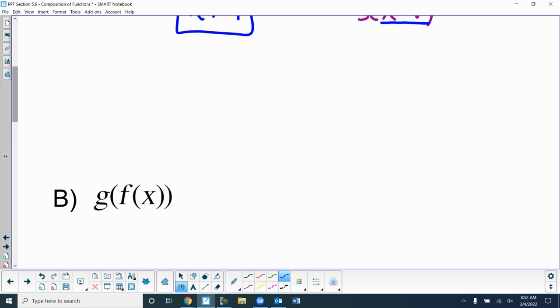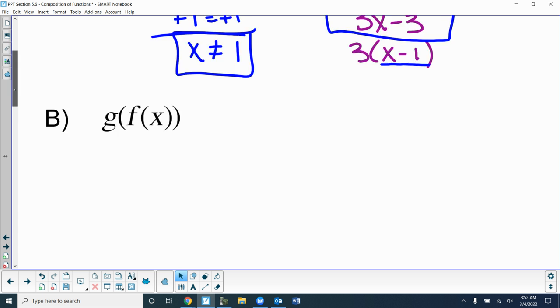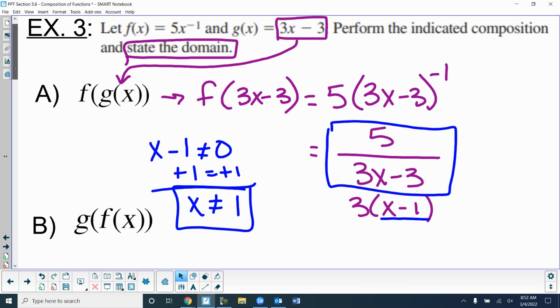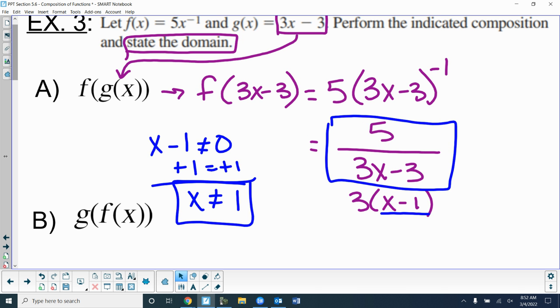Okay, so here's another one. Let me move it up so we can look at what our functions are. Can you see them? You still see it? Okay. So this time I'm putting this there, right?